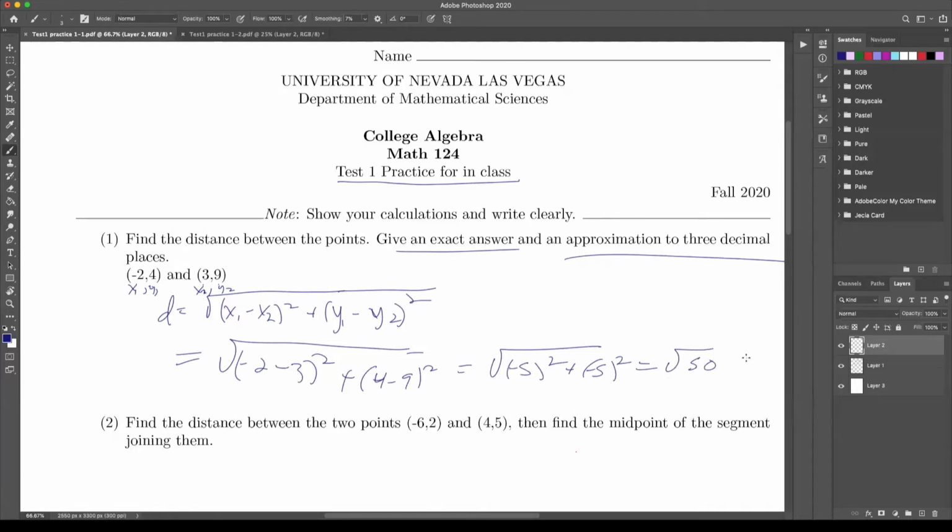Okay, so that's our exact answer. Oh, I guess I skipped one step. I gave myself extra time so I wouldn't have to. The square root of 50.